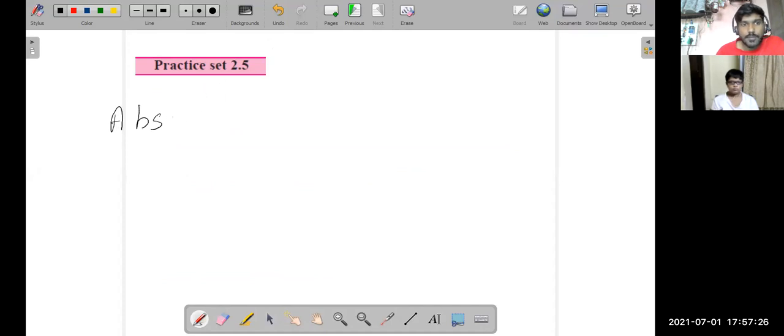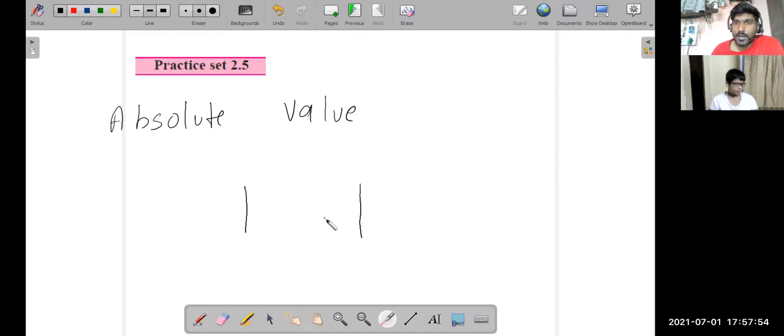Next concept is absolute value. Absolute value is denoted by a number inside two standing lines.